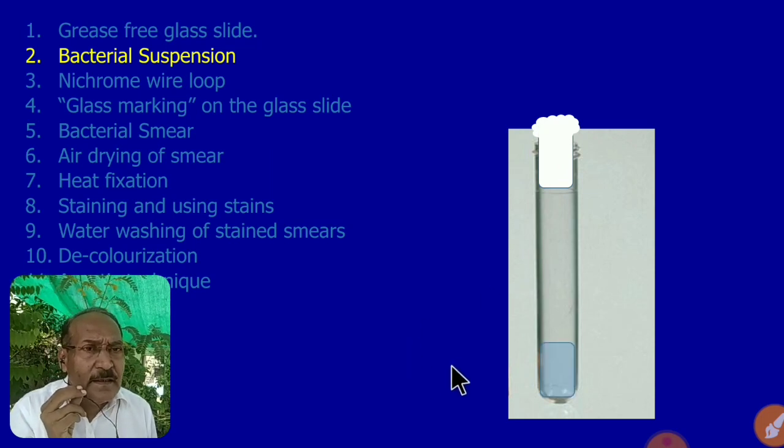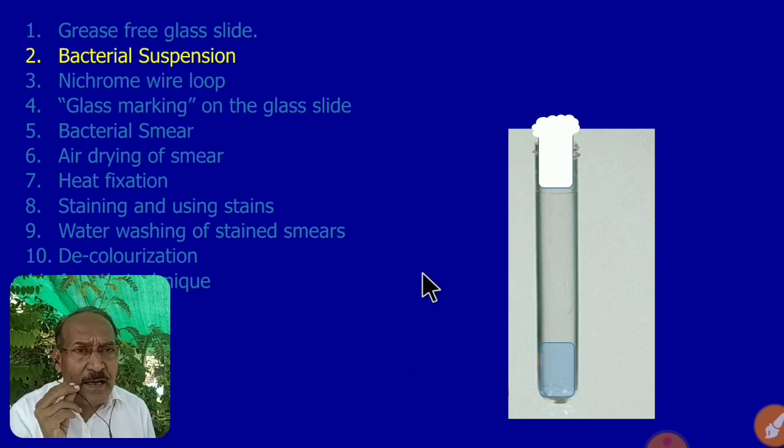Then there is a solution in the tube. This solution is usually 0.85% NaCl solution. In 100 ml of water, if you take 0.85 grams of sodium chloride, dissolve it, the solution is 0.85% NaCl solution.